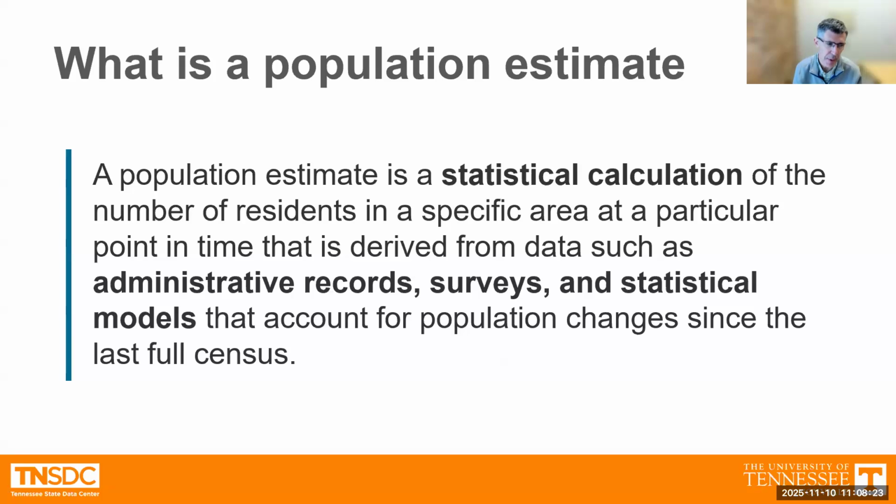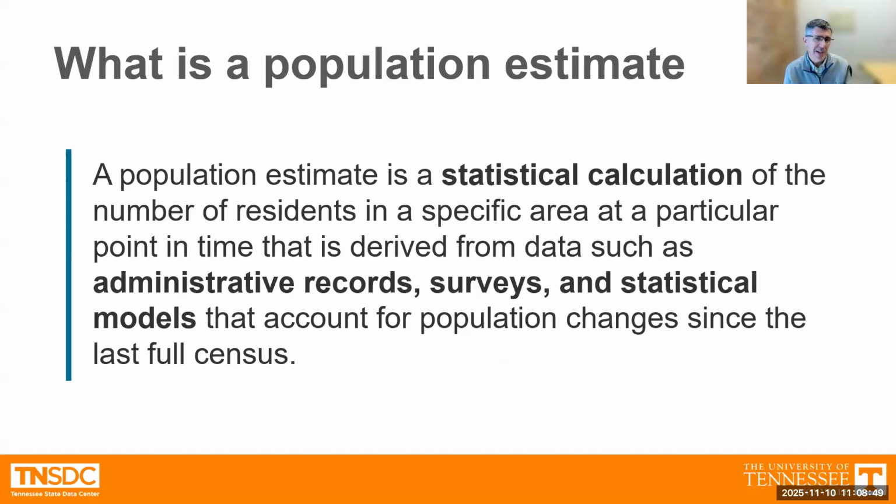So let's start by explaining what a population estimate is and how it's different from what we had before. When you think about a decennial census, think of an actual head count of the population. Each person is actually counted via a form, where if someone responds in a household, that information is sent back to the Census Bureau, or a Census Bureau worker goes to the door and knocks on it if that person didn't respond.